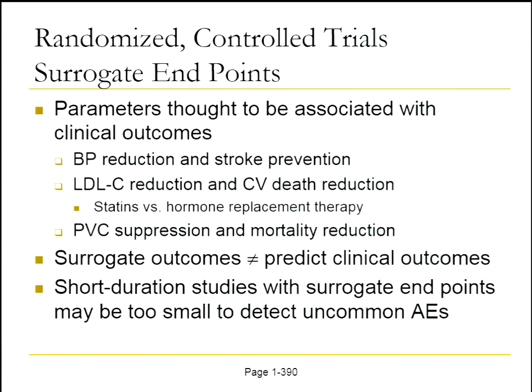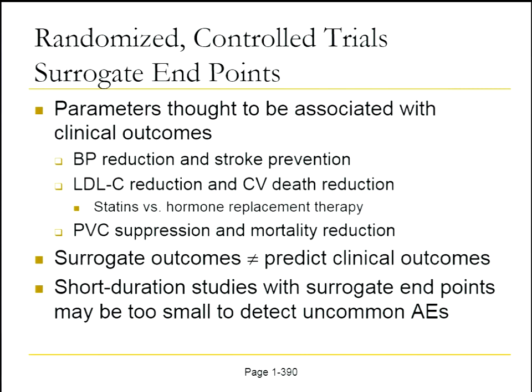We don't give LDL lowering agents to reduce LDL. We give them to reduce cardiovascular death. The example here is we know that statins reduce LDL cholesterol very well, and they also reduce death. Well, we also know that hormone replacement therapy reduces LDL very well, but they do not reduce cardiovascular death in patients who have coronary heart disease.